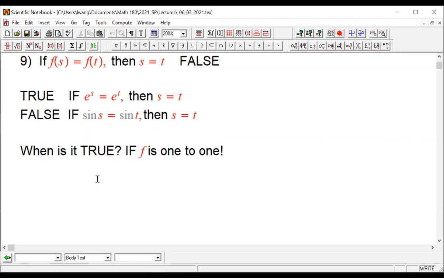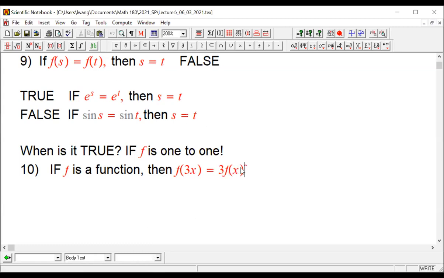Okay, so I give you the conclusion, right? So right here, number 10, it said: if f is a function, then f of 3x is equal to 3 times f of x.